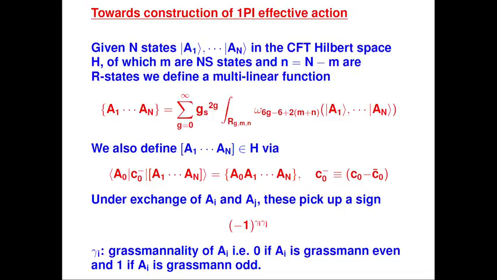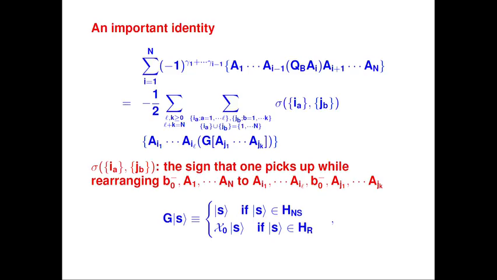Now, given these definitions, one can show just by using the standard techniques of conformal field theory, that there is an important identity that it satisfies. It looks complicated, but both sides of this are quite well defined, because it only involves curly brackets and square brackets, except for this operator G. This operator G is defined such that when it acts on the NS sector state, it is just identity.